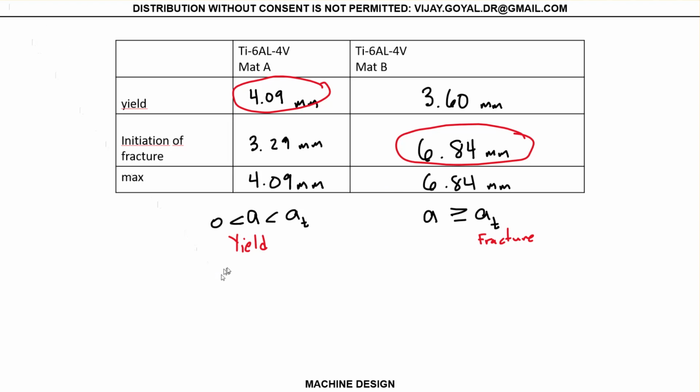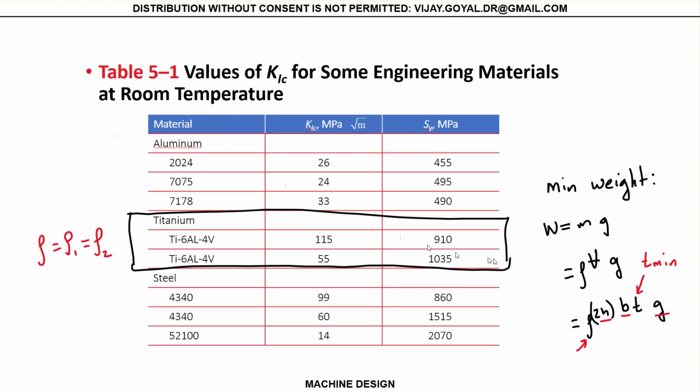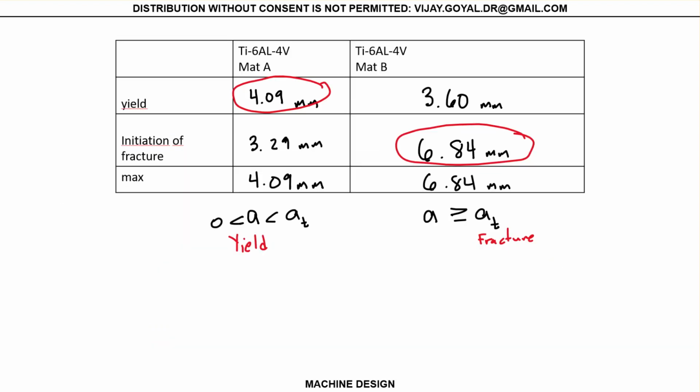So from both cases, which material do I choose? Remember the way we started the problem, the whole idea is I want to choose a value so it has the minimum thickness, because minimum thickness would give me minimum weight, right? So from both cases, as you can see, material A seems to be the most promising material to meet both criteria and show that it's safe.